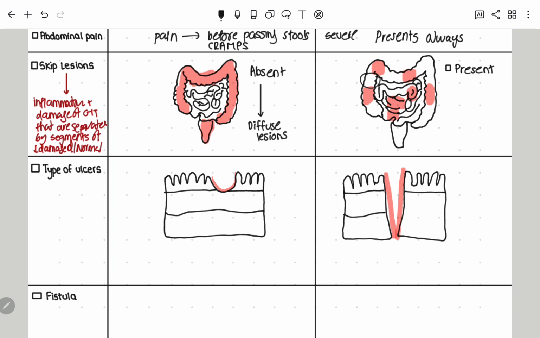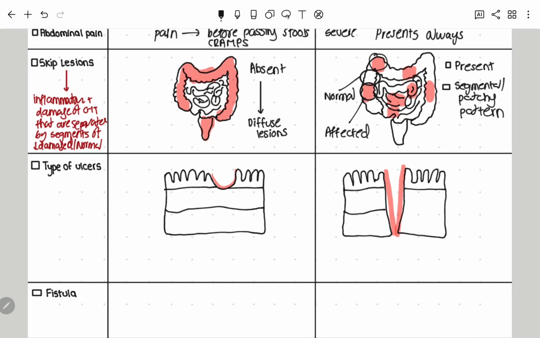So you can see that we have regions of completely normal tissue that is not affected by any inflammatory process, which is normally present in between affected areas. And so you may hear that the lesions of Crohn's disease are described as segmental or patchy in nature.